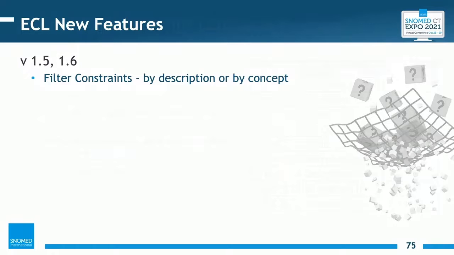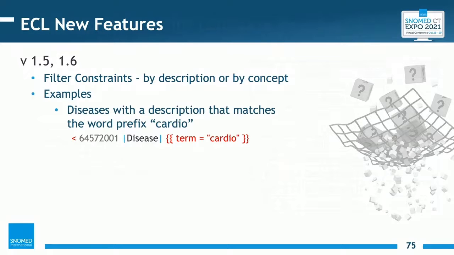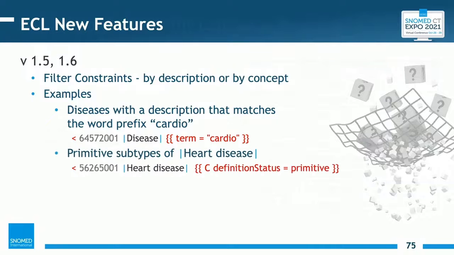For example, we can identify all diseases which include the word cardio as a term prefix, and we can apply additional constraints which leverage related attributes, including language, type, dialect, and acceptability. We can also identify all the subtypes of heart disease which have a definition status of primitive. These sorts of ECL queries are often of interest to content authors.